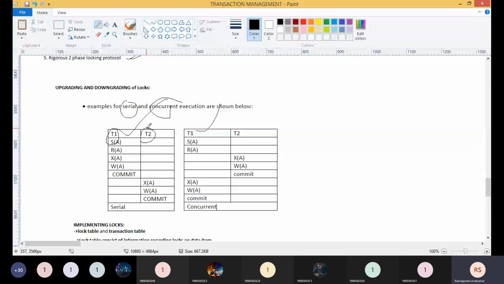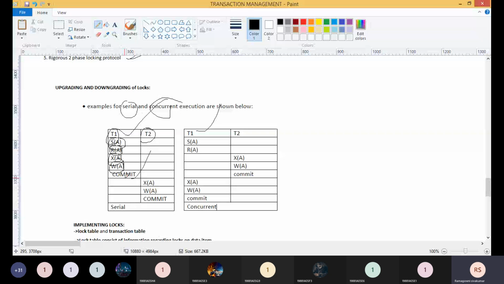See here, this is a shared lock on a data item. We are reading that data item. This is exclusive locking. After that, we are writing the data item. Then we commit. That means we are saving all updates permanently. That means the transaction completed successfully.